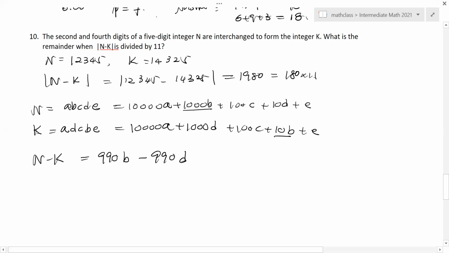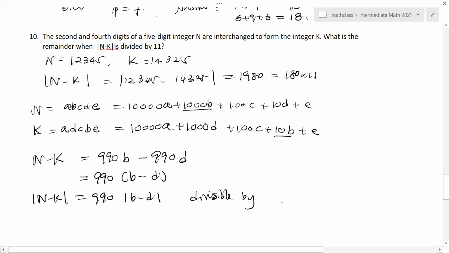Then you take the common factor out. So what you conclude is that this is always divisible by 990.